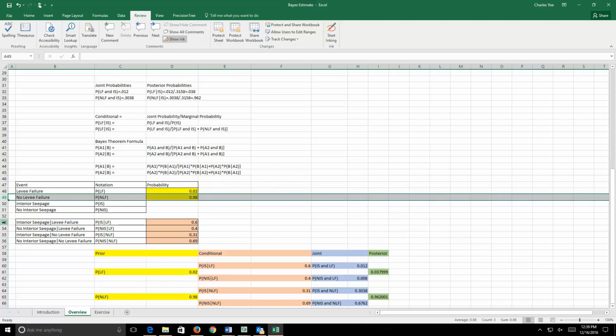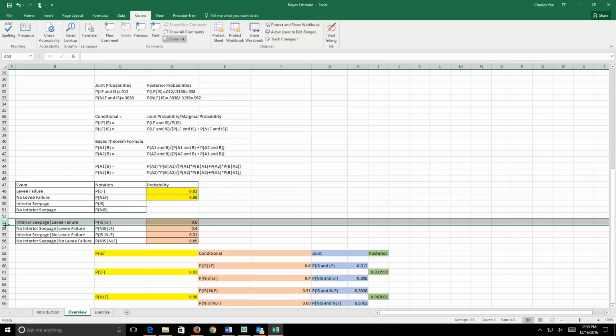And then we have our conditional probabilities, and they all are arranged down here, color coded. We begin with the prior probabilities in yellow, conditional probabilities in beige, the joint probabilities, these are estimated in the blue cells, and the posterior probabilities in green.